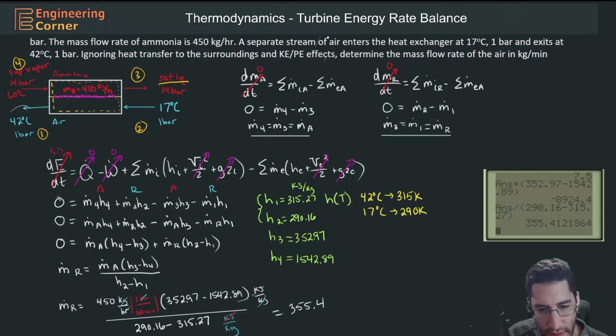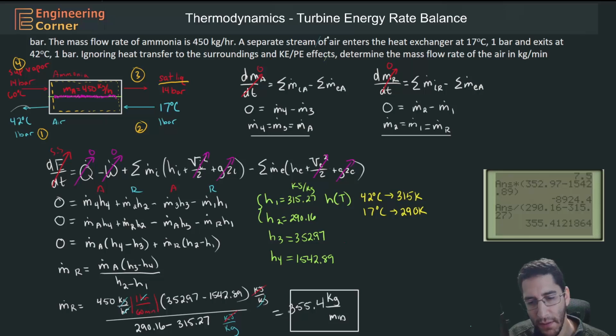The kilojoules cancel out, and we're left with kilogram over a minute when we flip it. So we get 355.4 kilograms per minute, and that is our mass flow rate for the air.